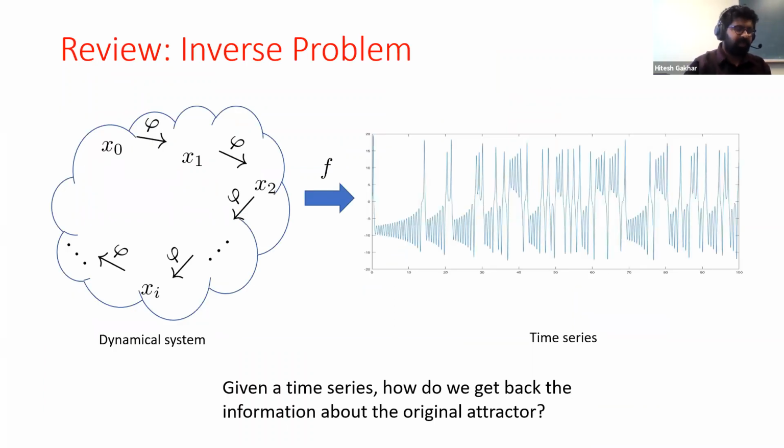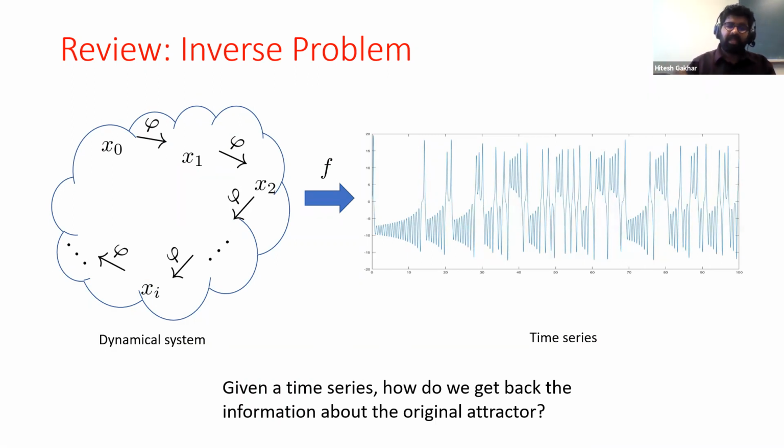Our story begins at a dynamical system: essentially a manifold, a diffeomorphism, and an initial state. You start with an initial state and keep applying your diffeomorphism to it, so you get a trajectory under the iteration of the images.